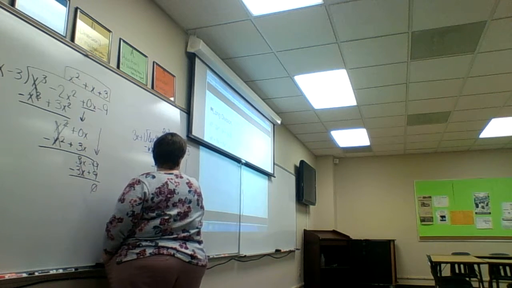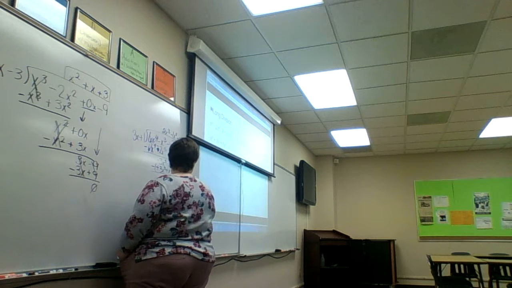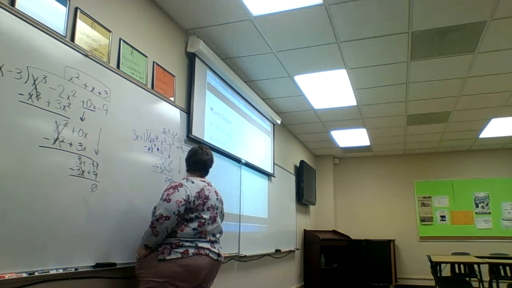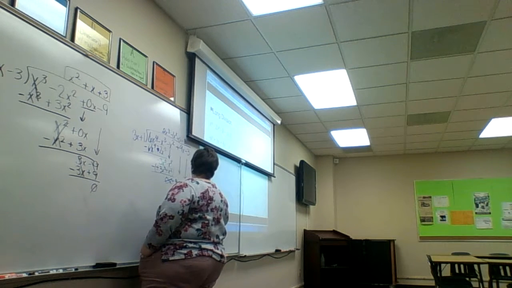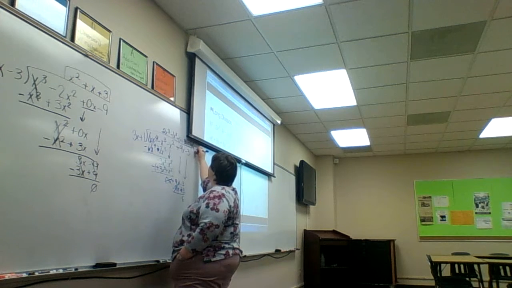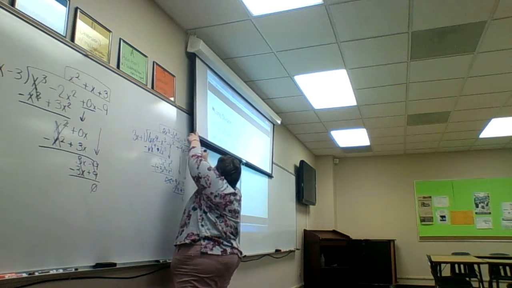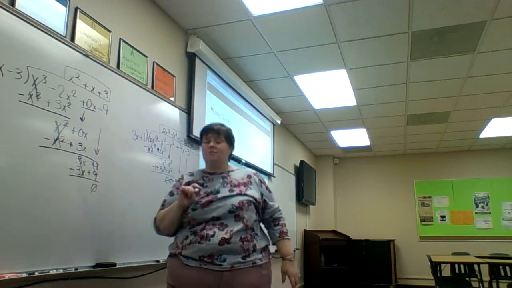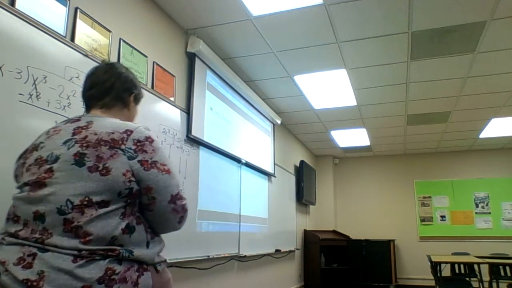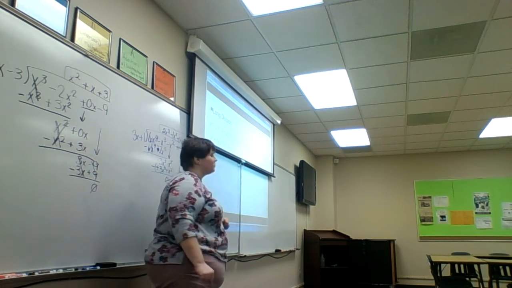This is going to be 0 here. Okay, so minus 6 over 3x plus 1 is my answer. Leave that for a sec.